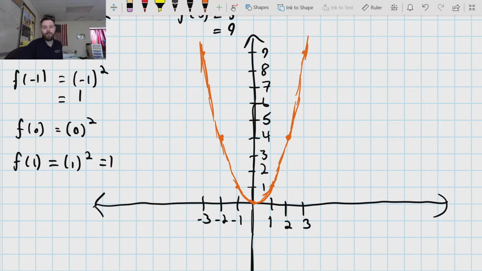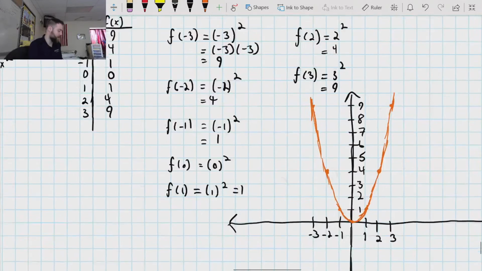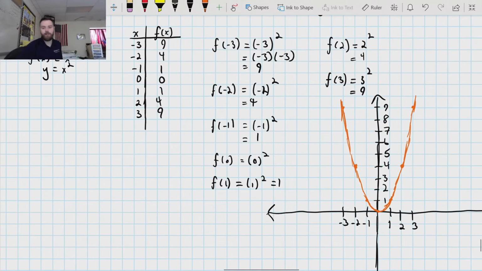So if you're not used to these types of functions, and maybe you're in Algebra 1 and you're watching this, not all functions are lines, okay? Some functions bend, and in this case, this is a quadratic function, and so it bends. So depending on the nature of the bend, it may bend up or down, and there's tons of things to study about it, but this is just a general quadratic, so this is called the square function. So it takes in inputs and squares them.